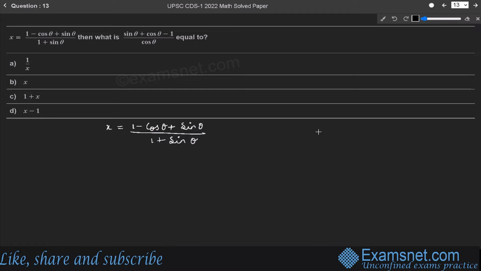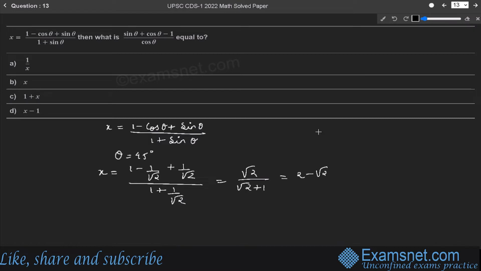It is given that x is equal to 1 minus cos theta plus sin theta upon 1 plus sin theta. So taking theta as 45 degree here, we will get x is equals to 1 minus 1 by root 2 plus 1 by root 2 upon 1 plus 1 by root 2. On further solving, it will be root 2 upon root 2 plus 1, which gives 2 minus root 2. Let this be equation number 1.